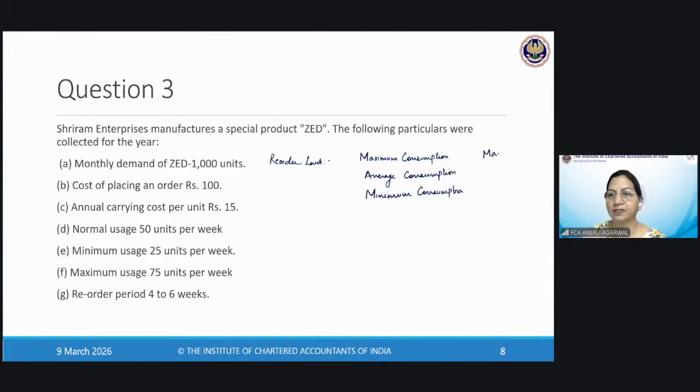What is your maximum lead time, or the time it takes to receive the raw material? Maximum, how much will it take? What is the average time? And what is the minimum time to receive the material? So when we want to calculate the reorder levels, you don't need to draw a diagram unless you are specifically asked. This question can vary from 4 marks to anything. If there are too many details, it can go up to 10 marks.